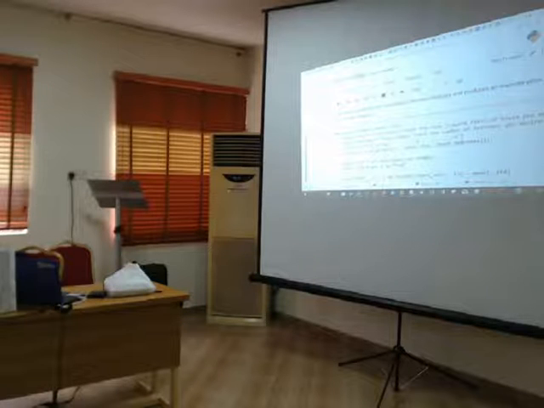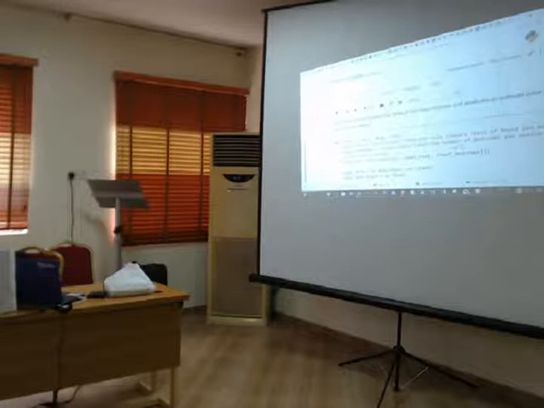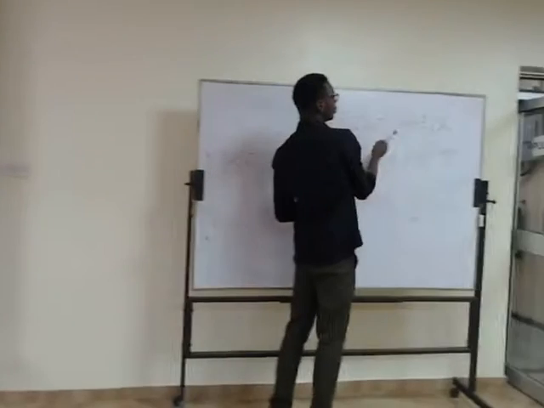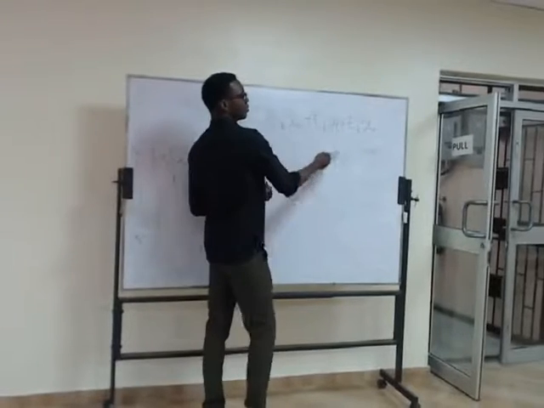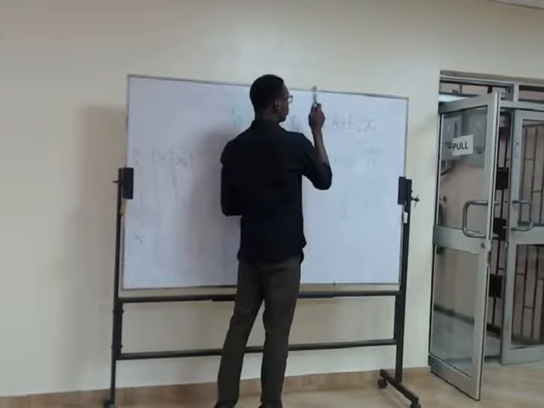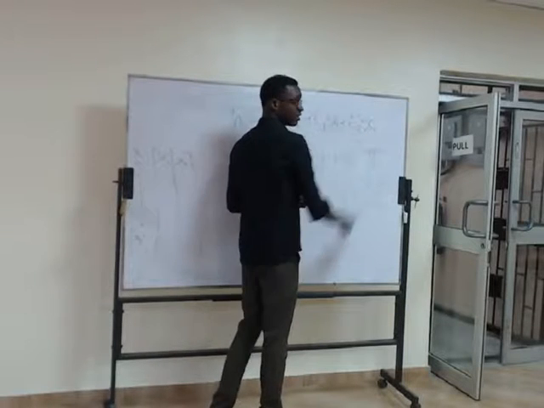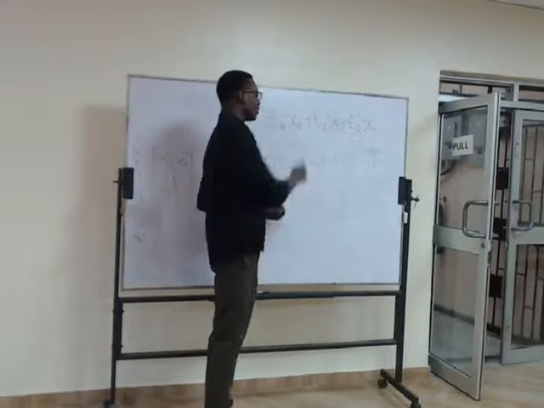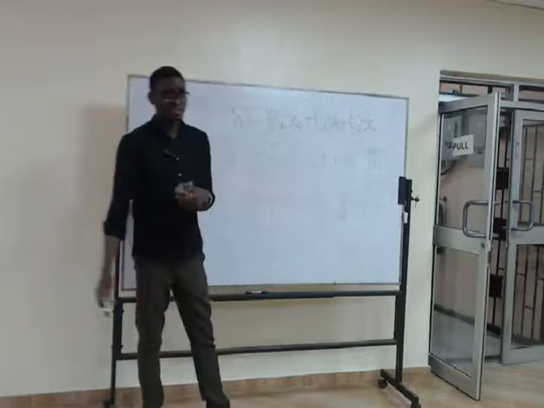Guys, this is the final part. We know this is 1 normally, right? But we don't know this. In fact, we know everything here, right?